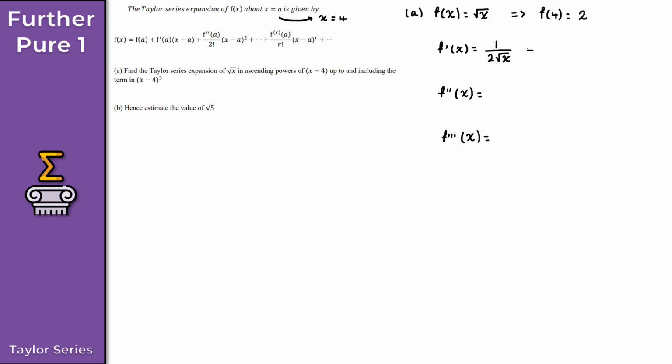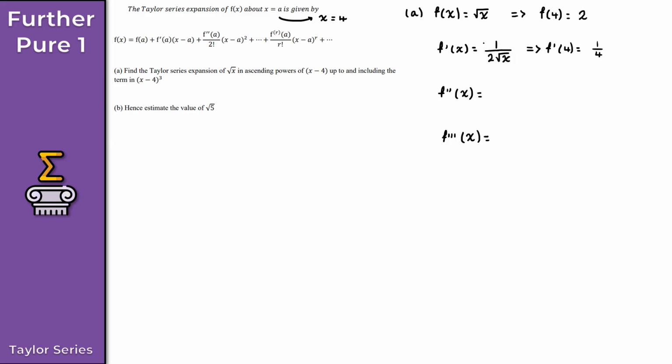Again, don't forget to evaluate this at this point. So f prime of 4 is equal to, substituting x equals 4 into this expression, 1 over 4.